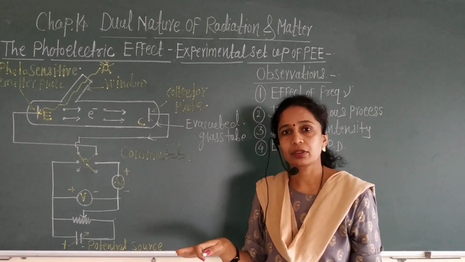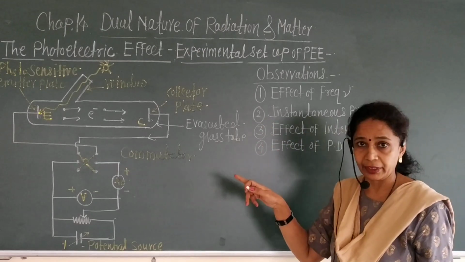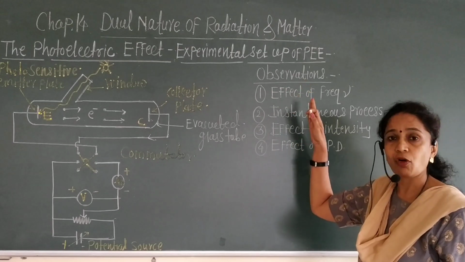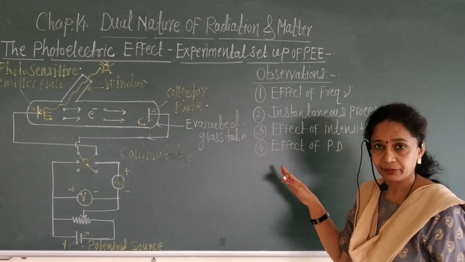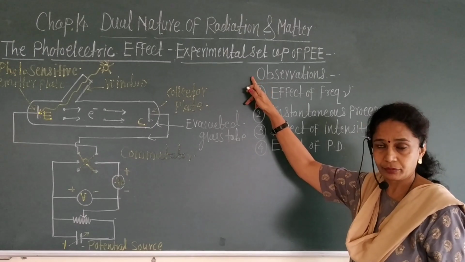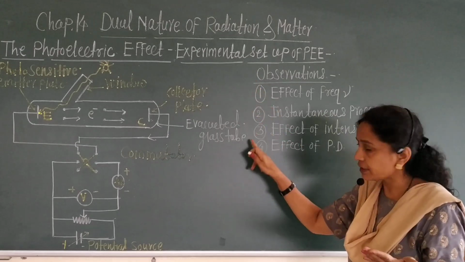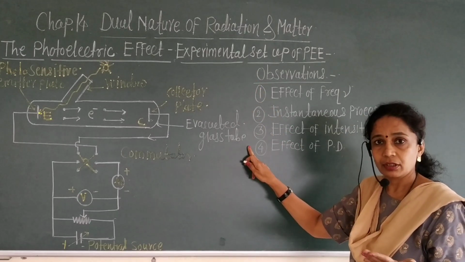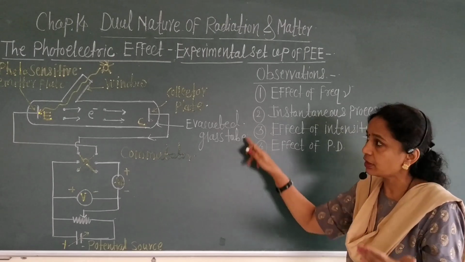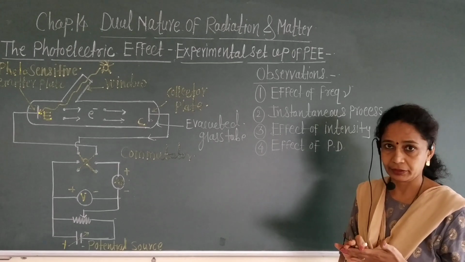Already, we have discussed the photoelectric effect, the experimental setup of the photoelectric effect, and its observations. In the previous video, we discussed 5 observations related to the photoelectric effect.